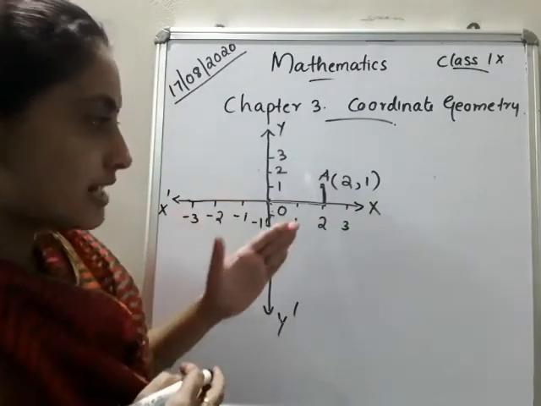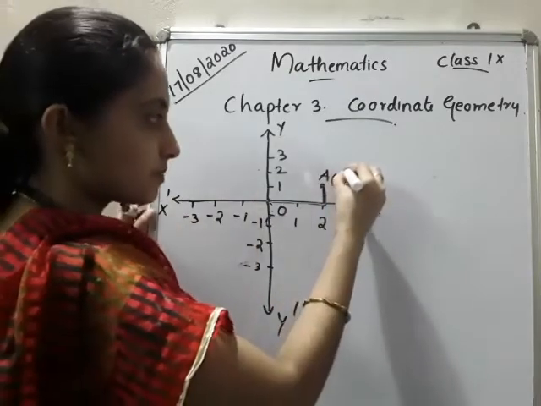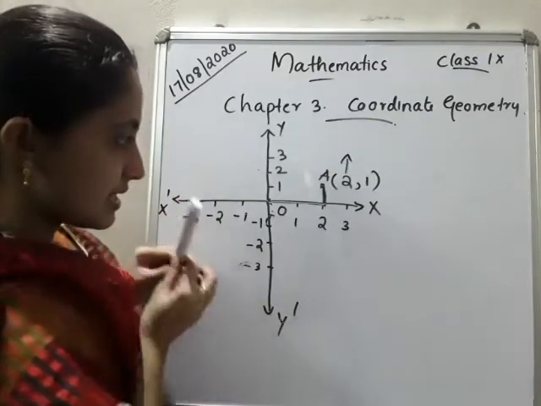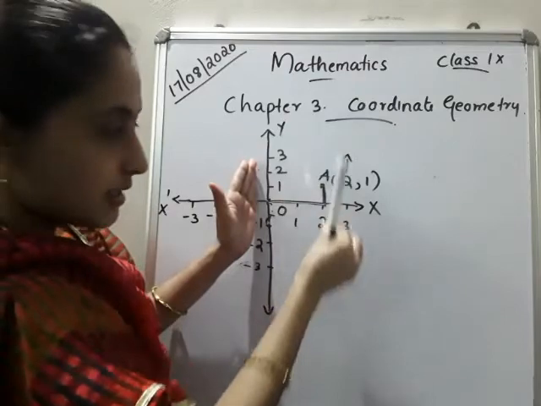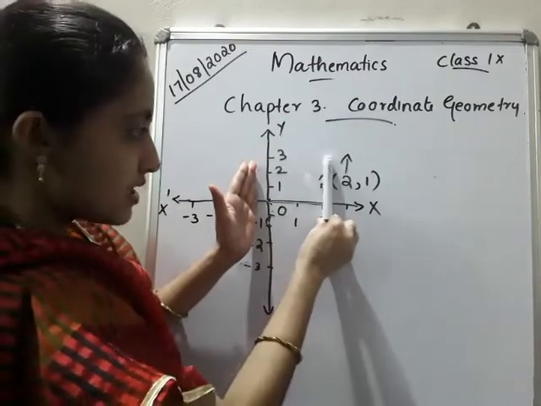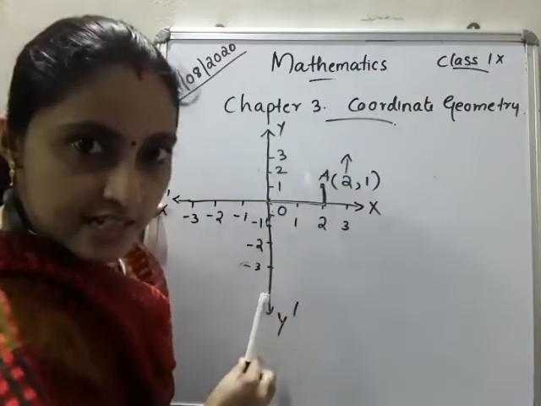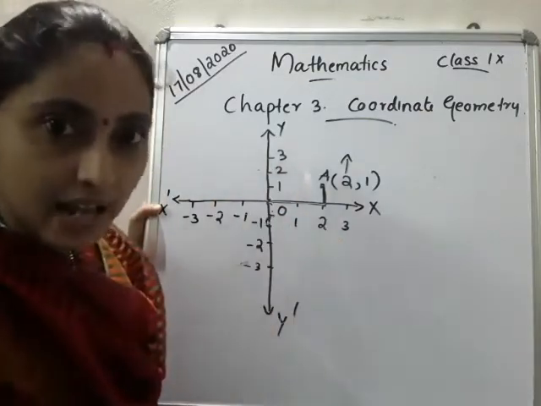So how will you locate a point on the plane? The first one represents the distance. This much distance, is it? This is our y-axis, so you want to shift here. That is 2, is it? This much distance is the distance from which axis? Y-axis. The distance from the y-axis is represented as the x coordinate.